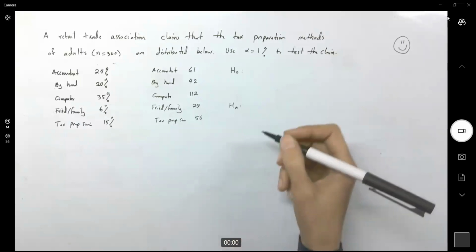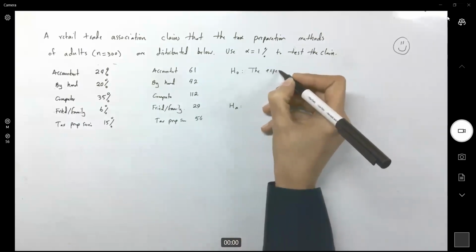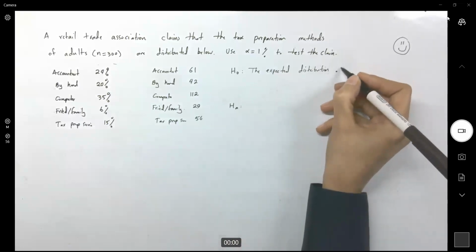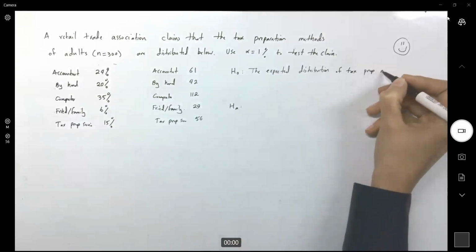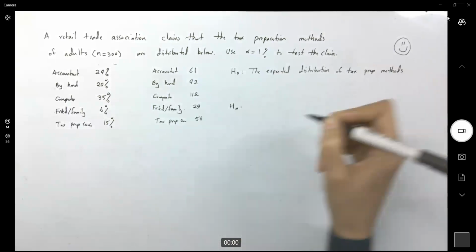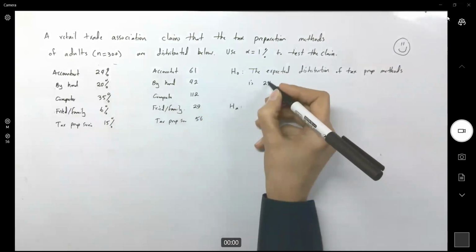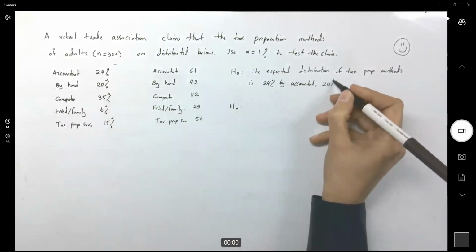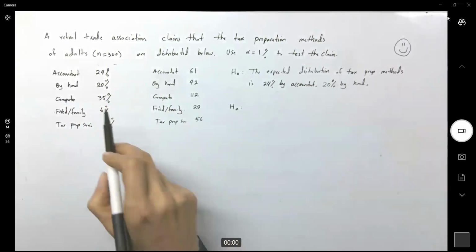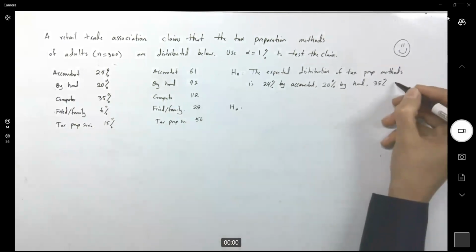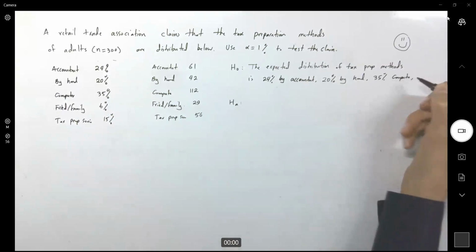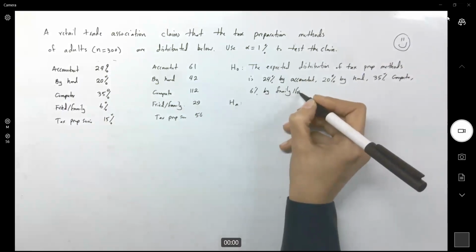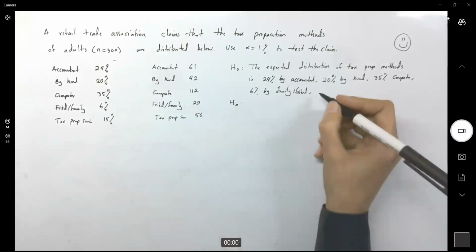So the null hypothesis says the expected distribution of tax prep methods is 24% by accountant, 20% by hand, 35% with computer software, 6% family and friend, and finally, 15% by tax prep services.